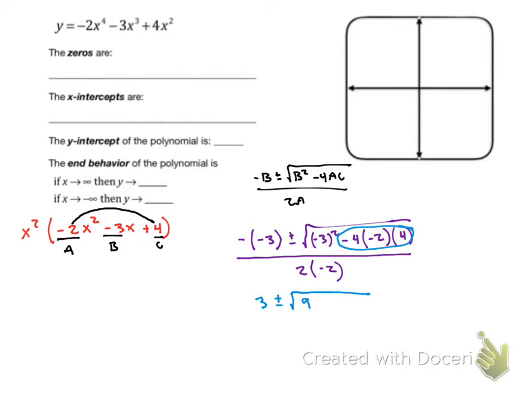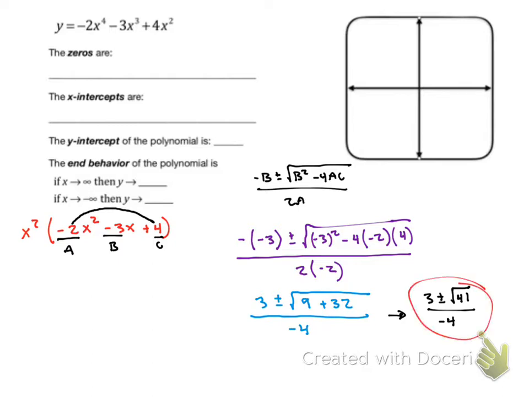Positive 8 times 4 is 32. So this is plus 32, all divided by 2 times negative 2, which is negative 4. So I'm going to push this further and do one last step of simplifying. This step here, we can add those two together. So we have 3 plus or minus the square root of 41 divided by negative 4.